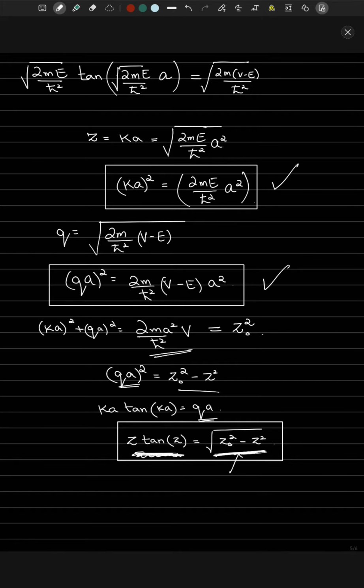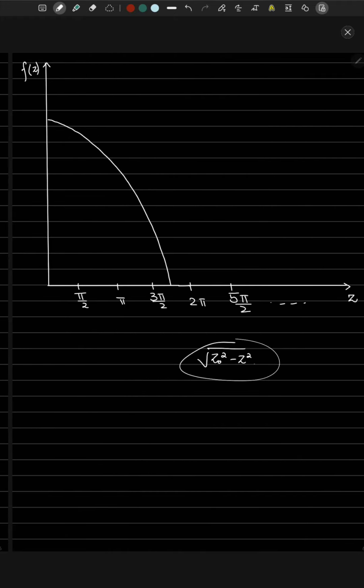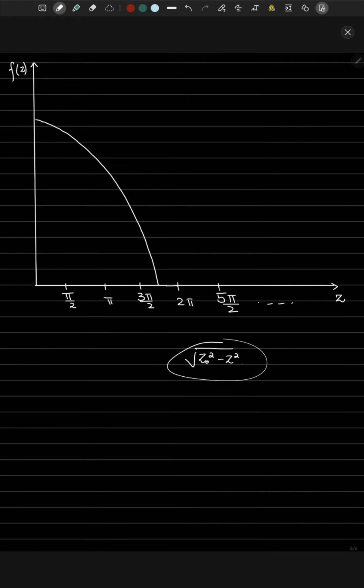Well, you know that tan at 0 is simply 0, so the function that you would get on your plot would look something like this for tan of z. Let me first draw the asymptote at pi by 2. So it would look something like this, and this is where it intersects.